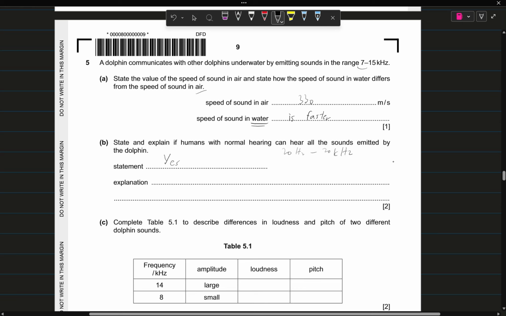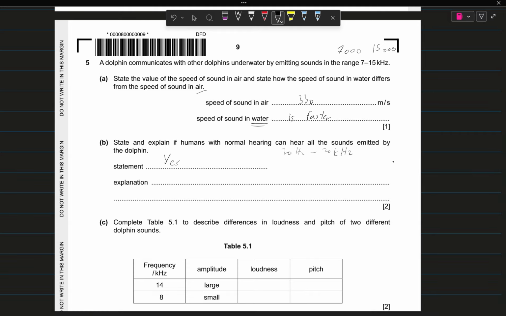Now, the thing is, this one here is not in hertz, it's in kilohertz. So this is 7 kilohertz, 15 kilohertz, which means this is 7,000 to 15,000, which is well within the range of humans.